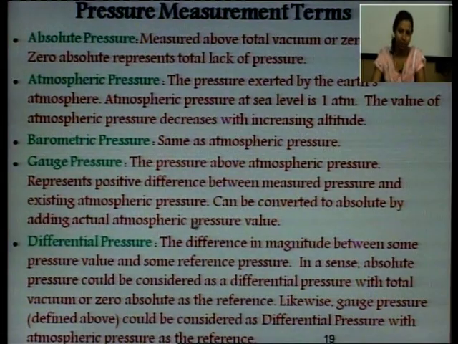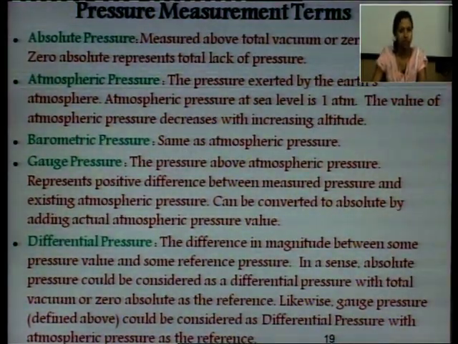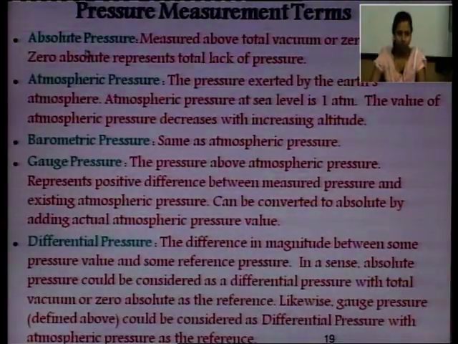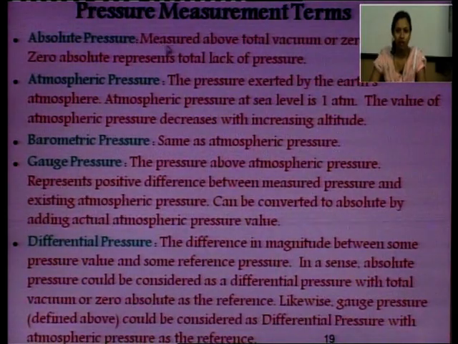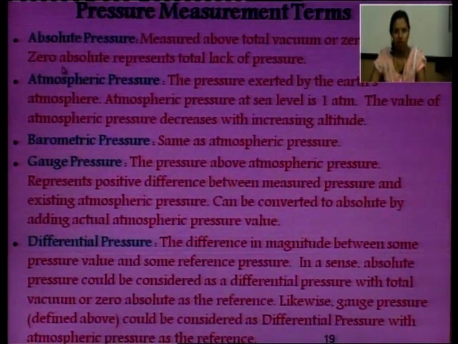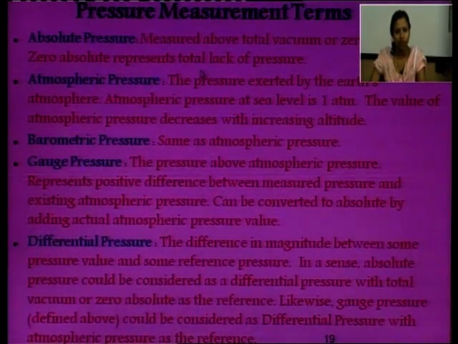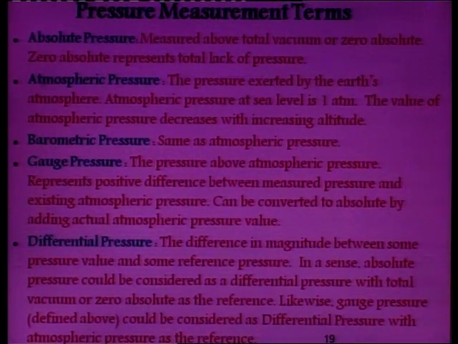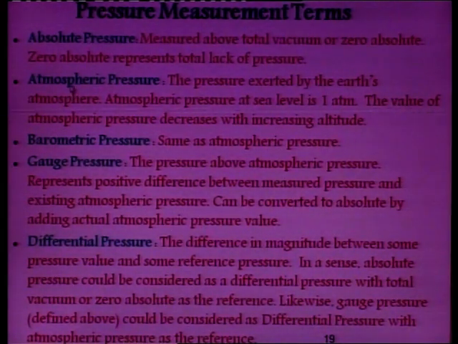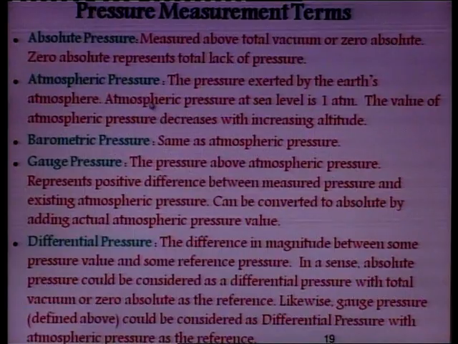Next, these are very important terms for the pressure measurement. So first I will define what is an absolute pressure. It is measured above the total vacuum or zero absolute. Zero absolute represents total lack of pressure. This is the first term, absolute pressure. Second term is atmospheric pressure.